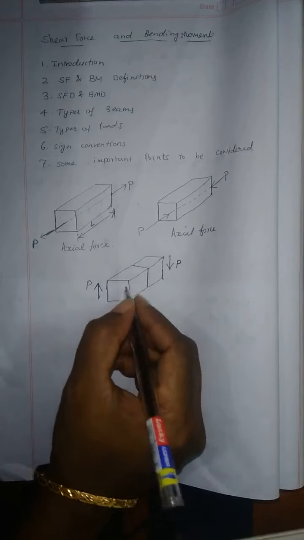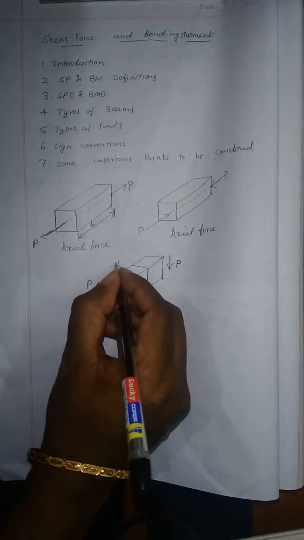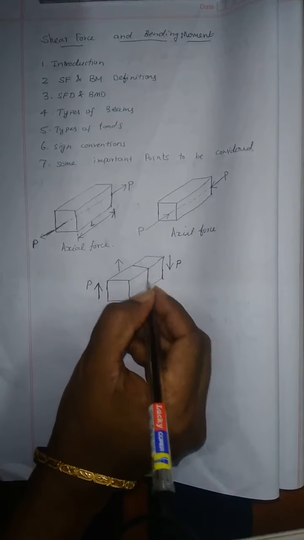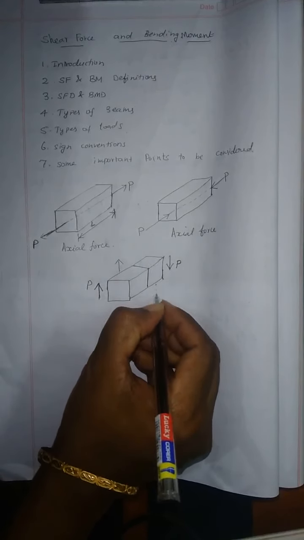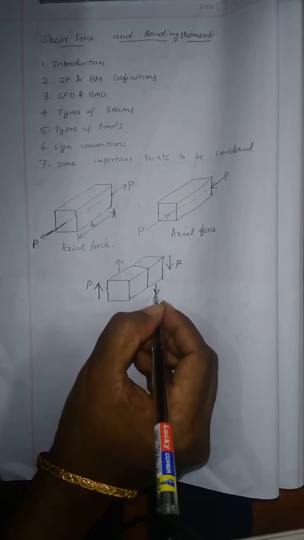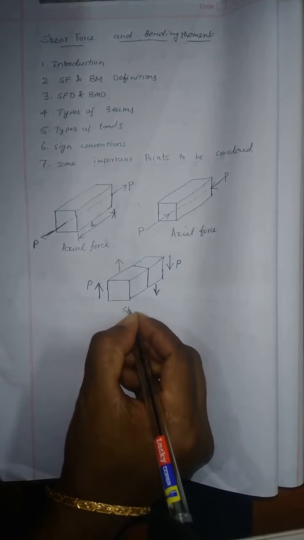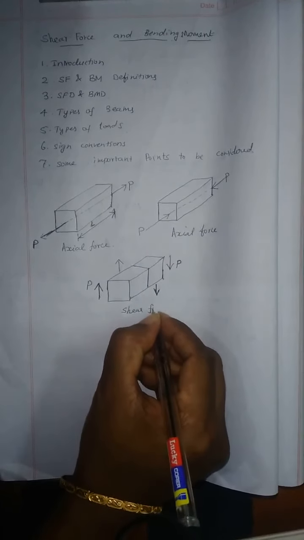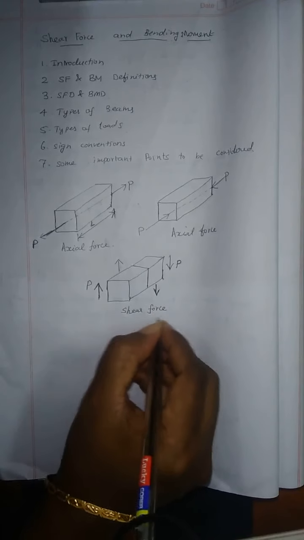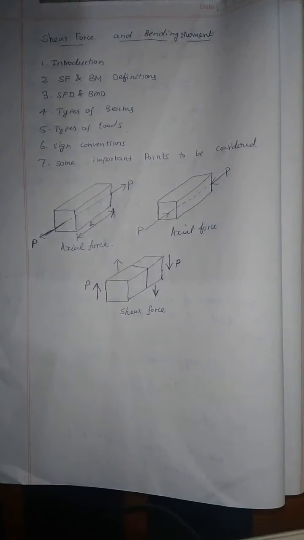Because of this, this part of the object will move in upward direction, and this part of the object will move to the downward direction. So this is because of the shear force which is acting over the object. We are going to see about this shear force and the bending moment.